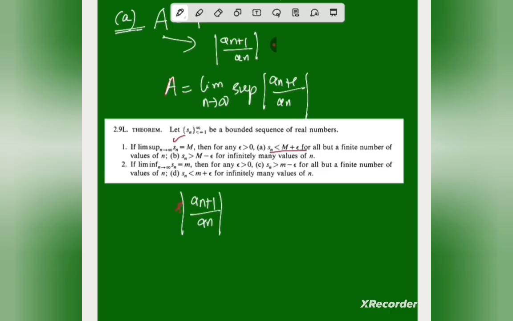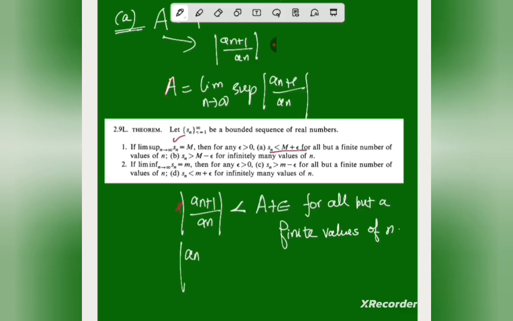So this is your sequence, so I can write that modulus of a(n+1) by a(n) is less than A plus epsilon for all but finitely many values of n, which means this condition a(n+1) by a(n) is less than A plus epsilon is true for all n greater than or equal to capital N. So this result is true for the values which are greater than capital N, right?